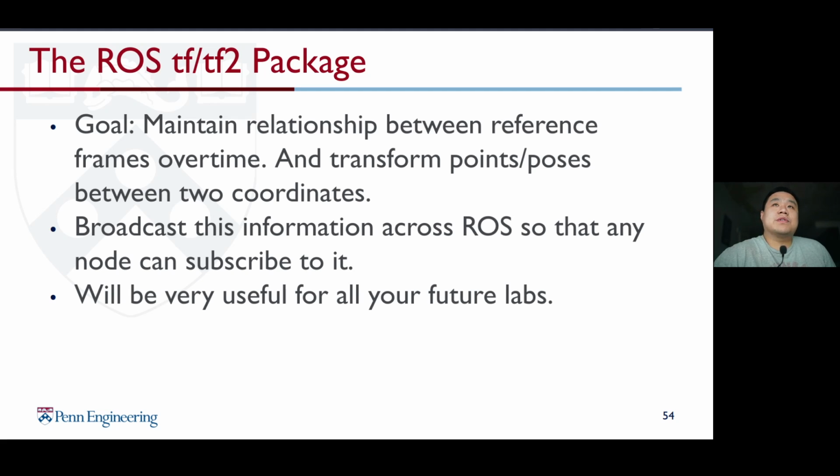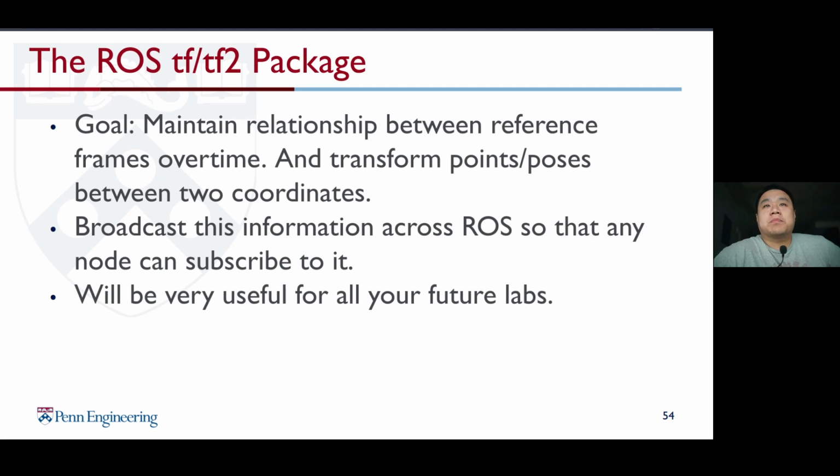The second purpose of these two packages is to broadcast this information across ROS. As we talked about before, the nodes in ROS have subscriptions and publications. In TF and TF2's case, the publication is slightly different.